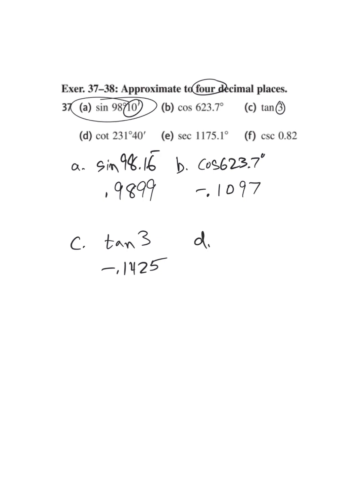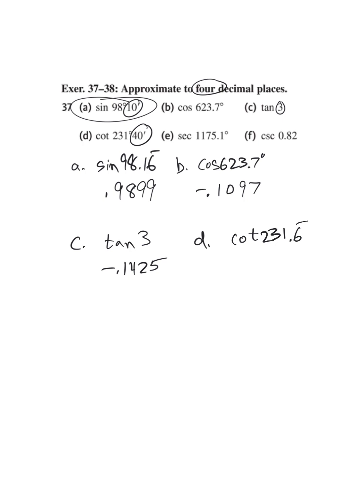And D, we're just taking the cotangent of 231 point 40 minutes, so we have to put 40 minutes in decimal form. 40 divided by 60 is 0.6 repeating.